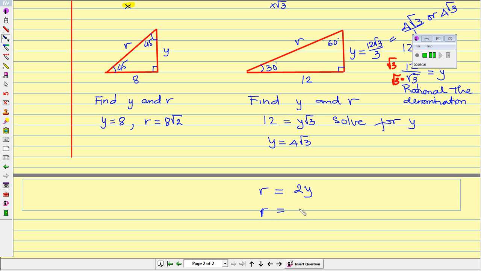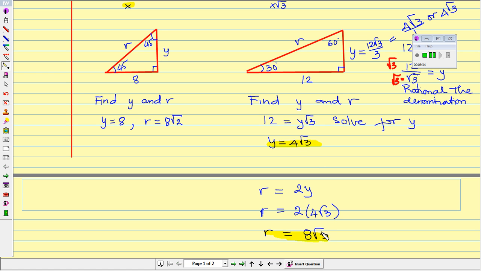So r equals 2 times y, which is 4 square root of 3. Therefore r equals 2 times 4, which is 8 square root of 3. So now we found r is 8 square root of 3 and y is 4 square root of 3.